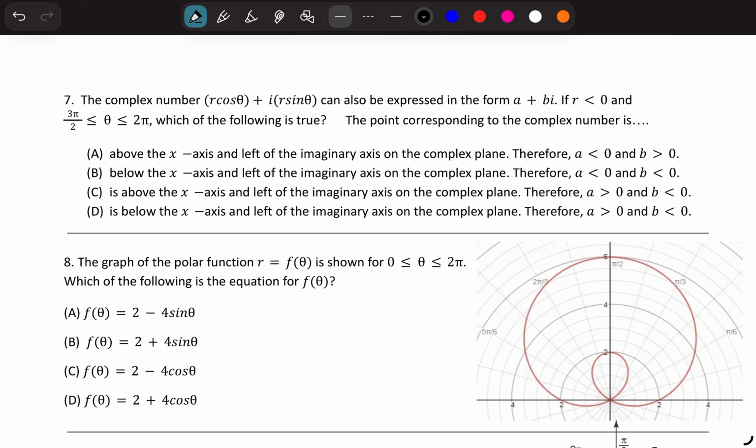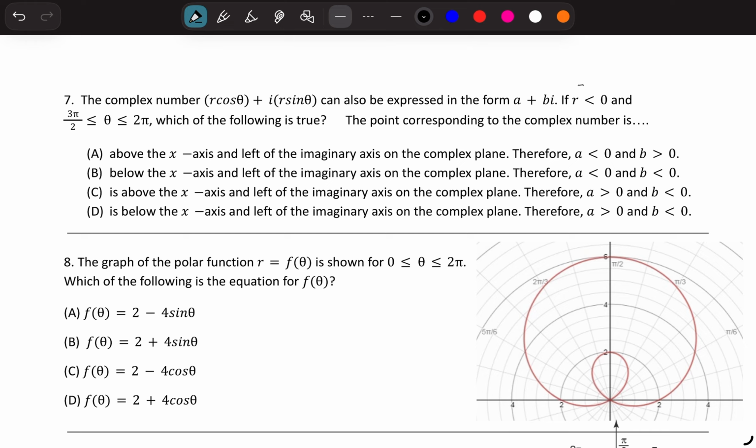Now, the complex number r cosine theta plus r sine theta i can be expressed in the form a plus bi. If r is negative and 3 pi over 2 is less than or equal to theta, which is less than 2 pi, which of the following is true?